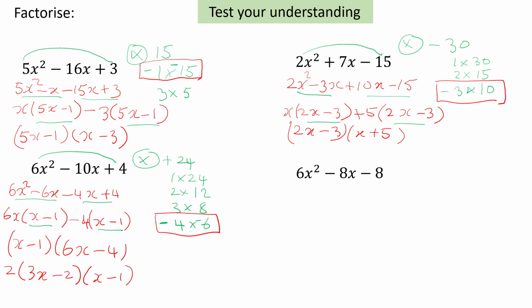6x squared minus 8x minus 8. So multiply two numbers to get negative 48. The factors are 1 times 48, 2 times 24, 4 times 12, 6 times 8.